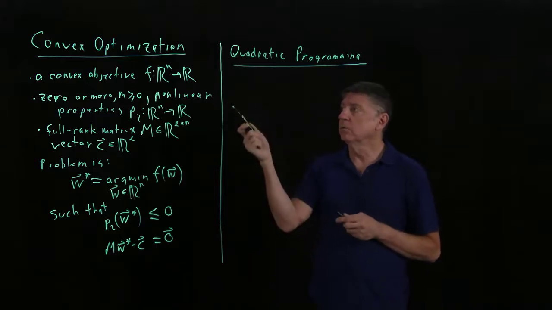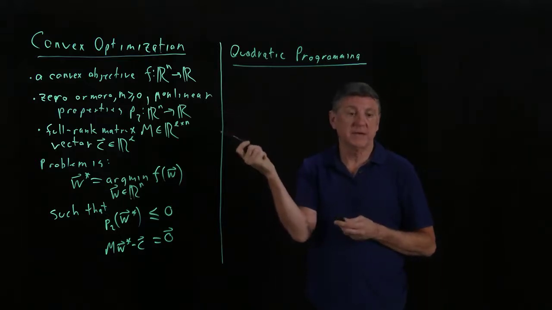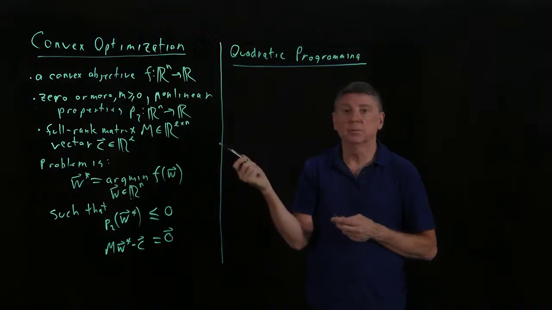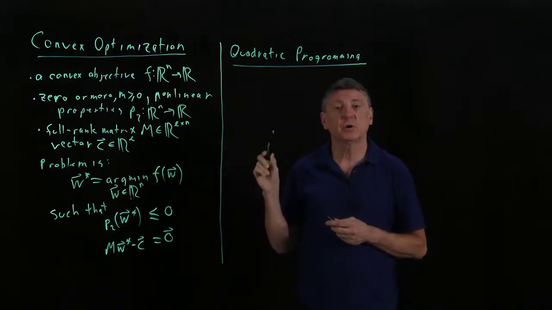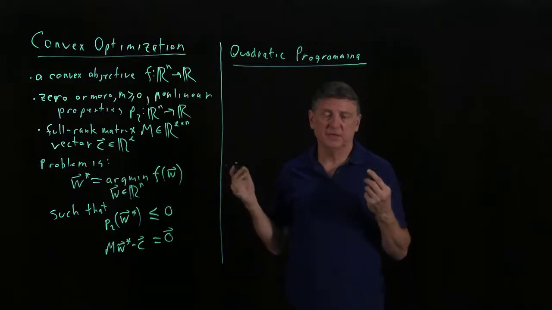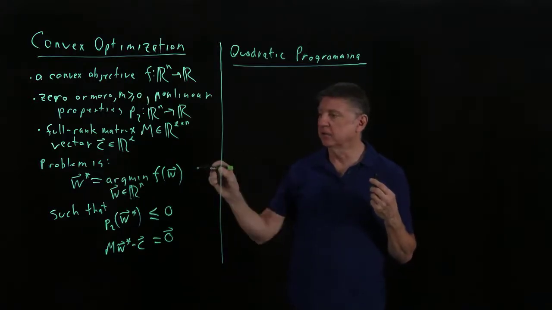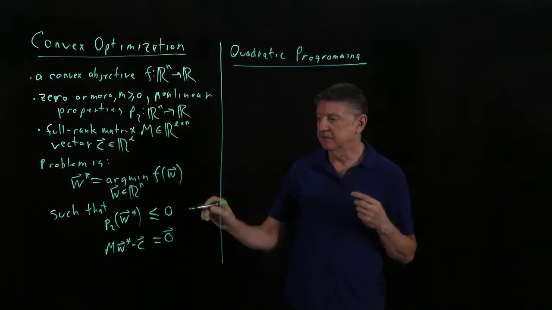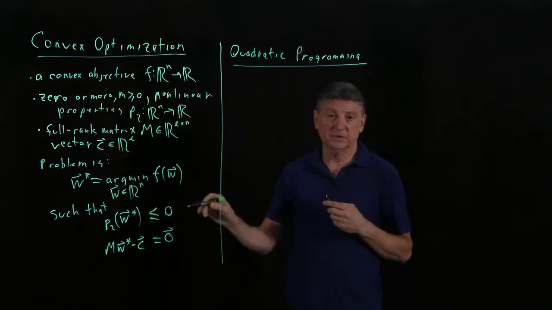So what most of mathematics would call a problem, in optimization is often called a program. So a linear problem to us is one that has a linear objective and linear inequality constraints.